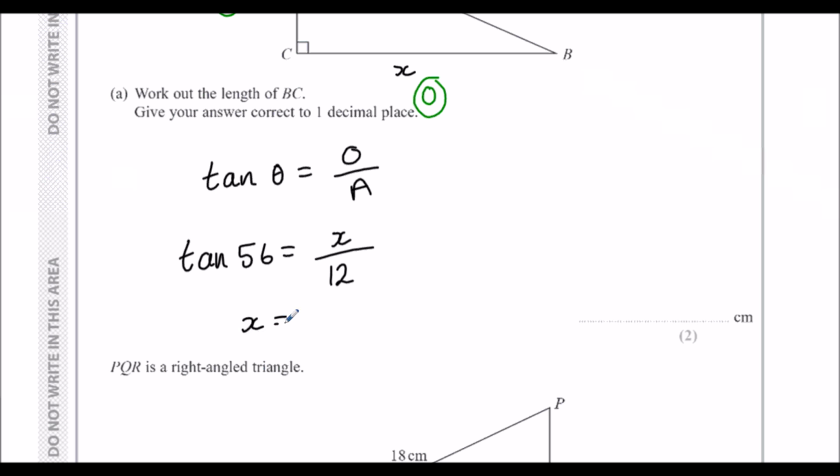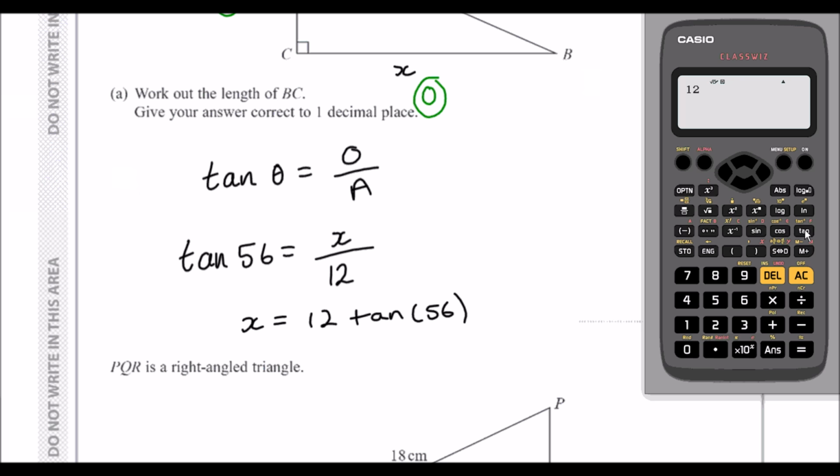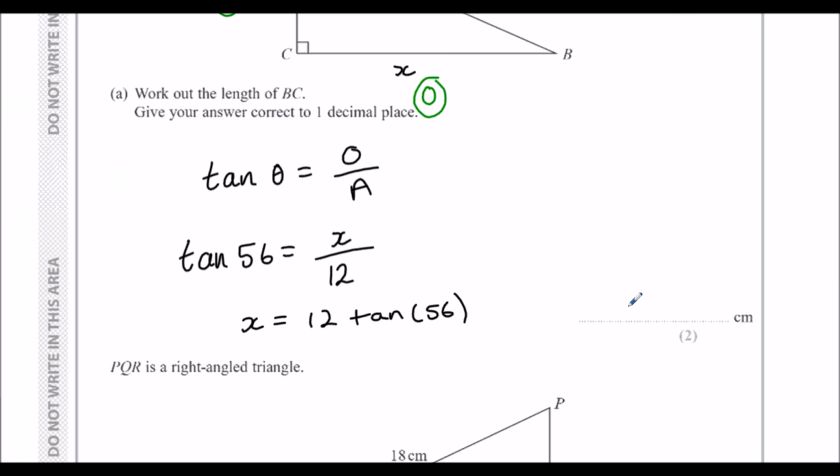So X is 12 times tan 56, and I'll just type that in the calculator. 12 times tan 56, or you can just write 12 tan 56, you don't have to write the times, and that's 17.8. So 17.8 centimeters.